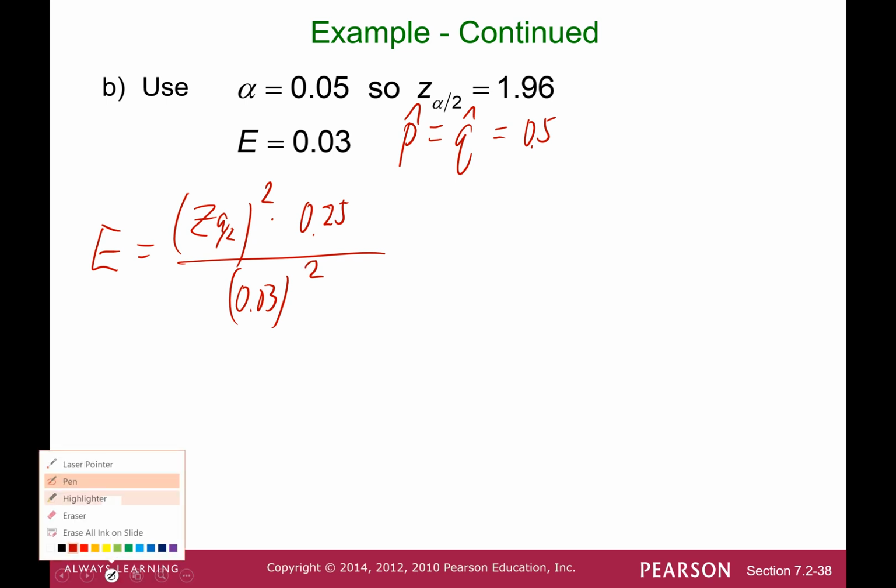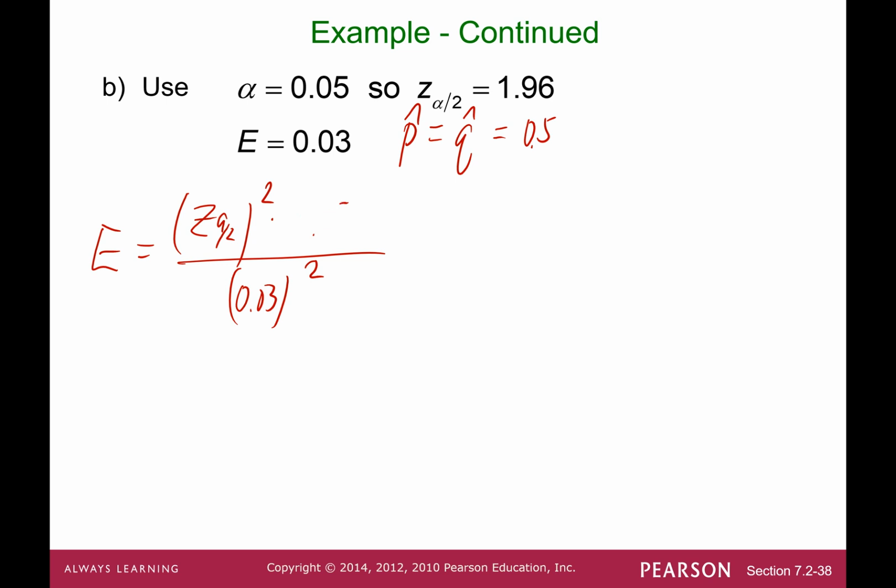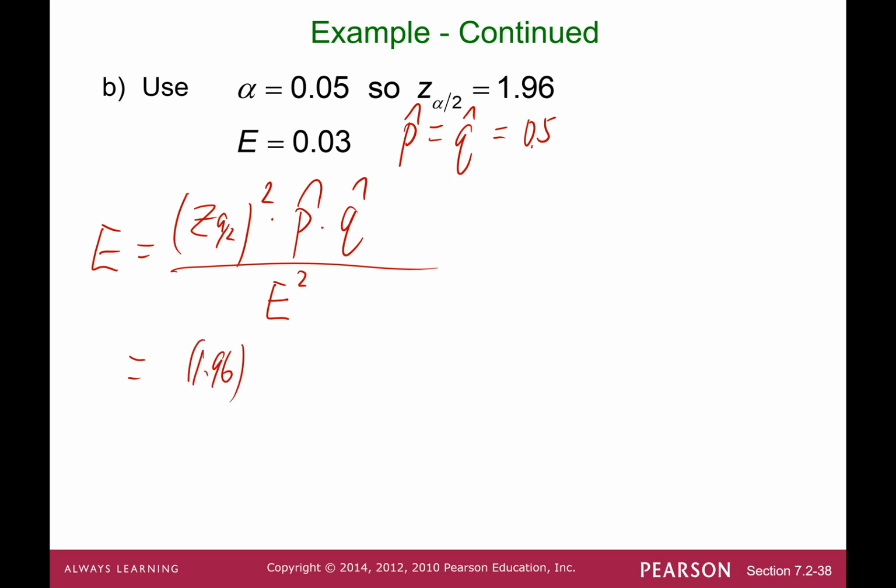We write the formula first: z squared times p hat times q hat over E squared. This is 1.96 squared times 0.5 times 0.5, that's 0.25, divided by 0.03 squared. Let's see what that is.